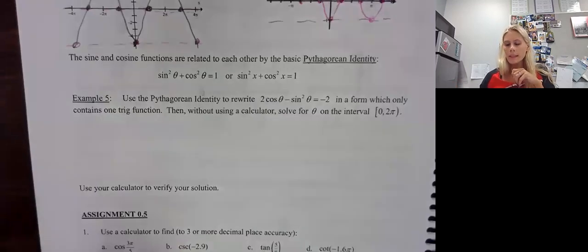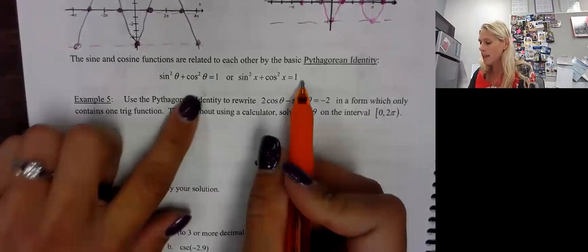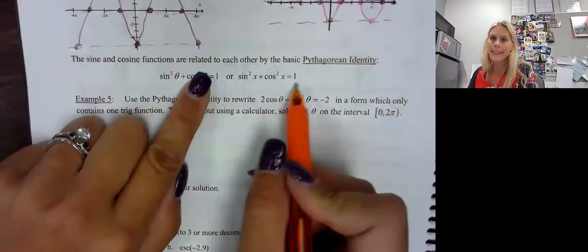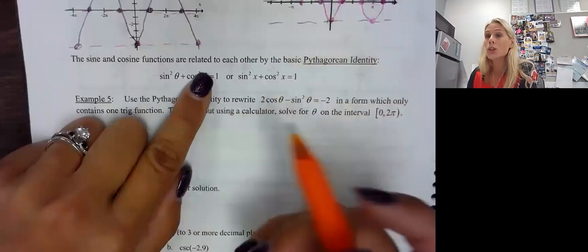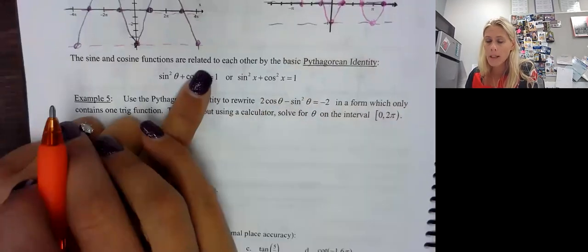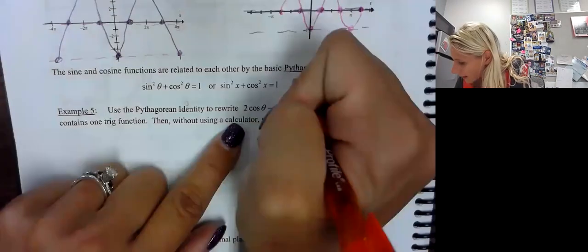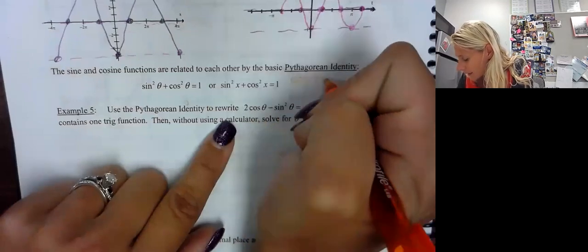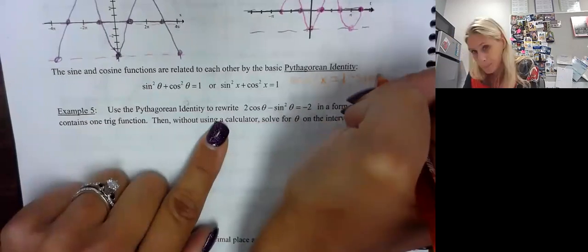Now, one of the things I want you to keep in mind is even though you have this identity, within the identity, there's 2 extra ones. And I'm going to show you why. Because I could say that cosine squared x equals 1 minus sine squared x.